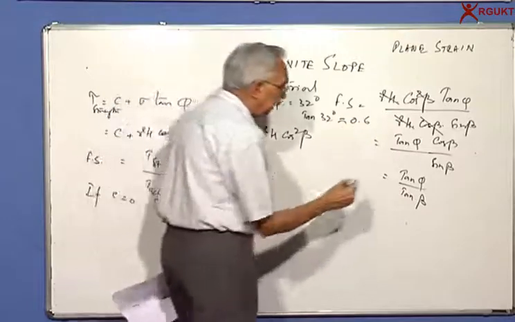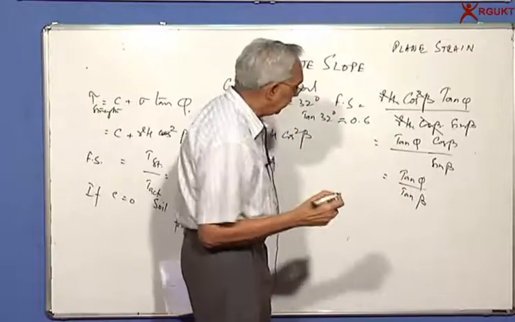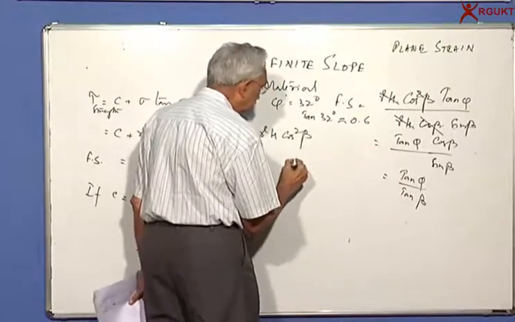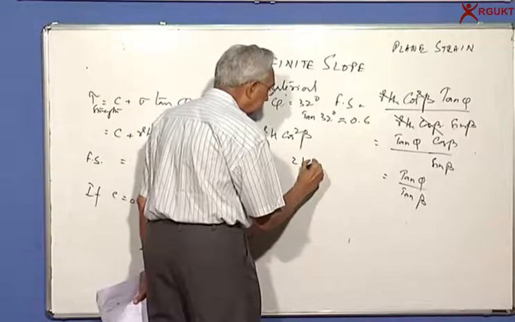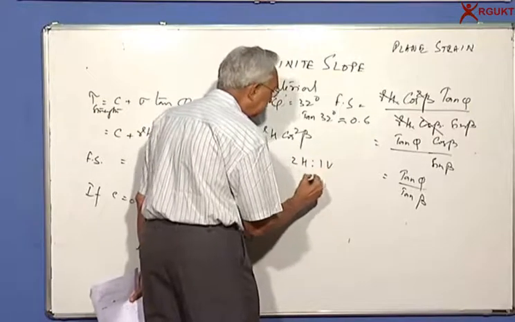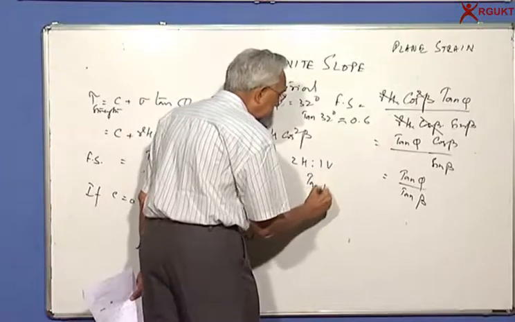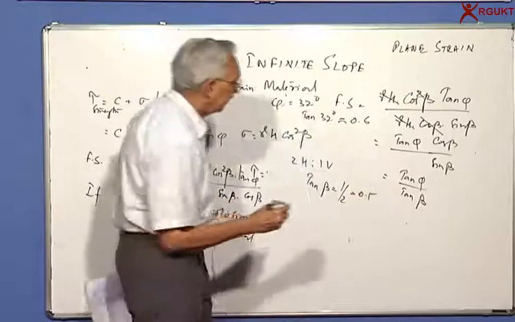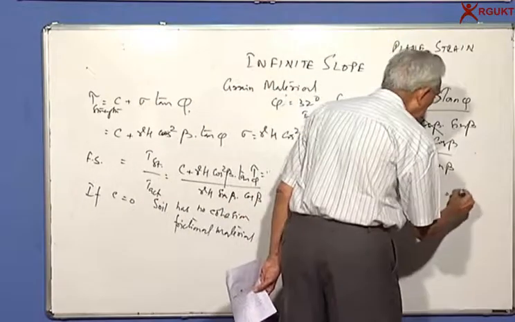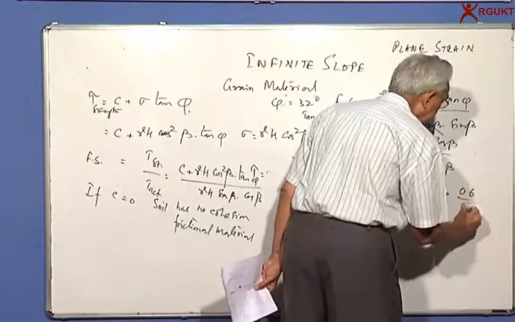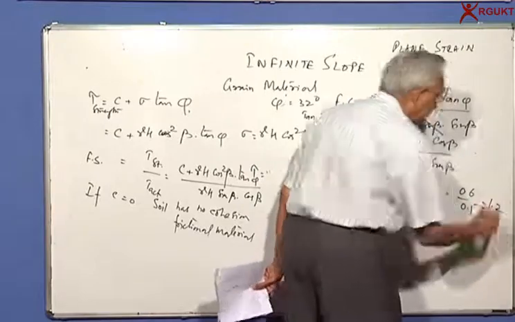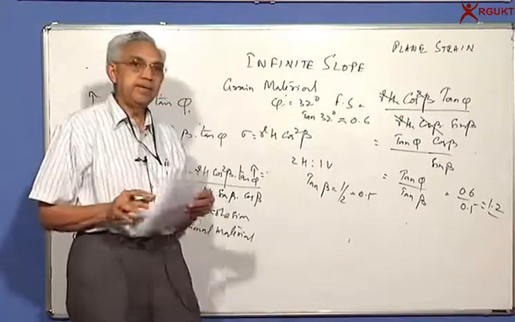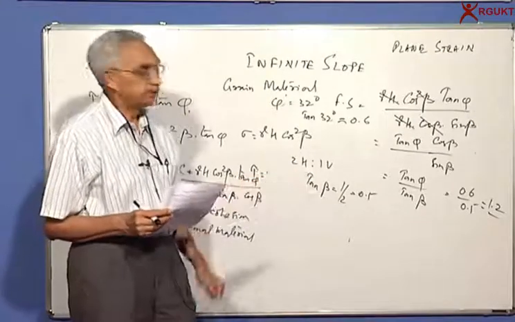And tan beta, if it is a 2:1 slope, 2 horizontal to 1 vertical, is equal to half, that's 0.5. Then the factor of safety will be 0.6 by 0.5, which gives me 1.2, which is safe but not a good design.